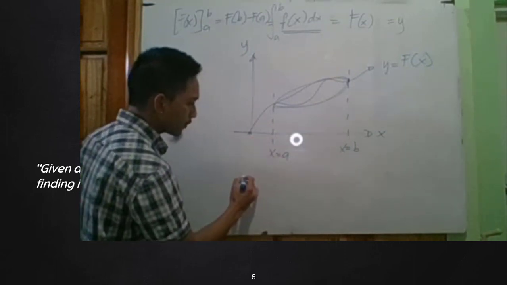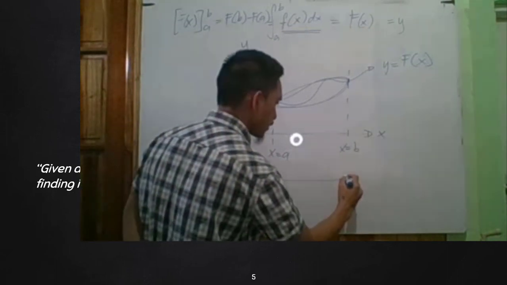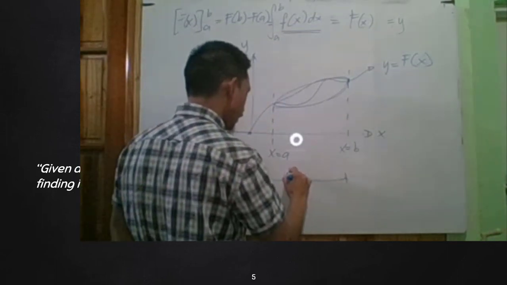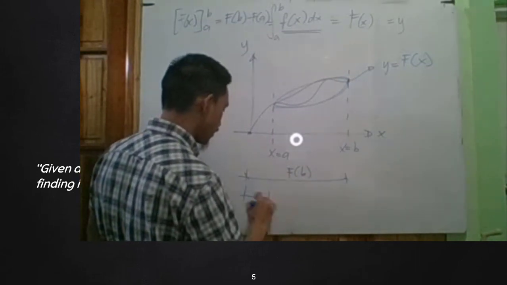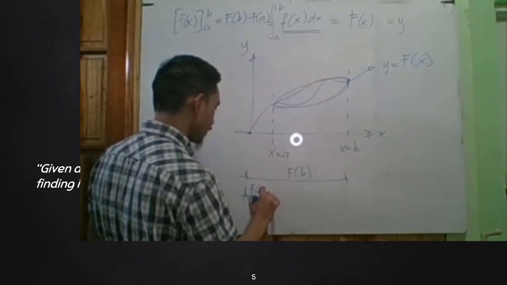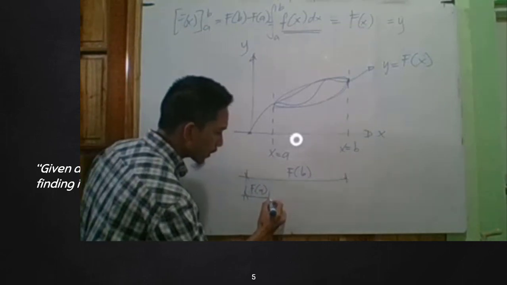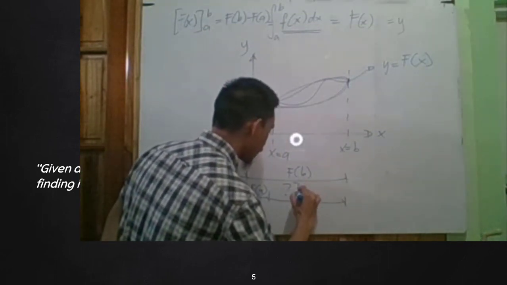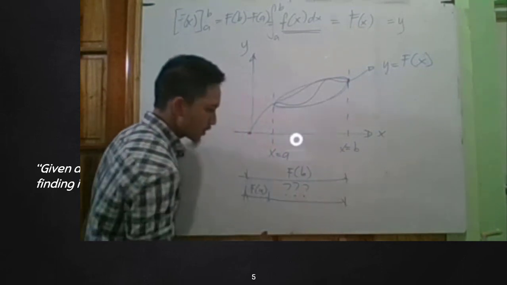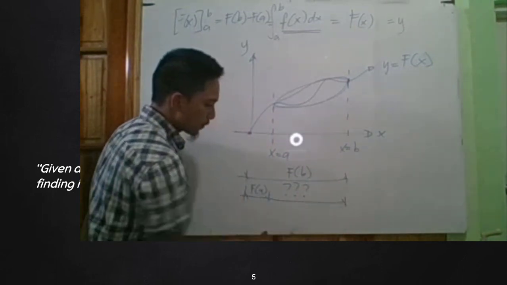So you can say this is your f of b, and this is your f of a. What we are trying to get is this value from a to b.